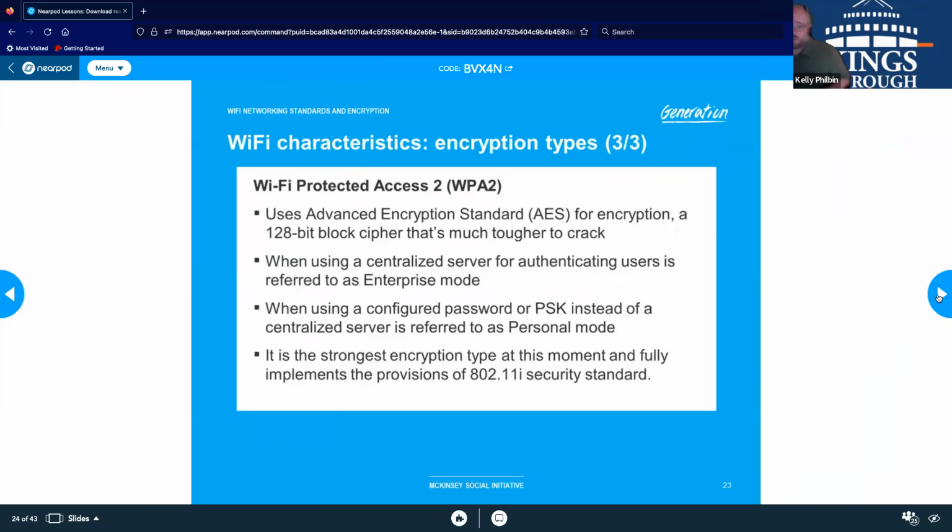It uses a 128-bit block cipher that is significantly tougher to crack than the previous key system with WPA. If you're using centralized servers, this would utilize things like TACACS and Kerberos in order to authenticate you. So these are servers that are verifying who you are.